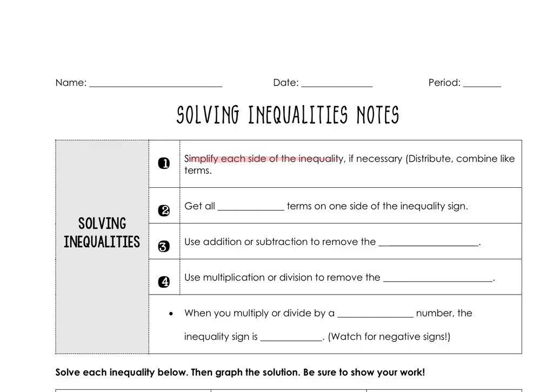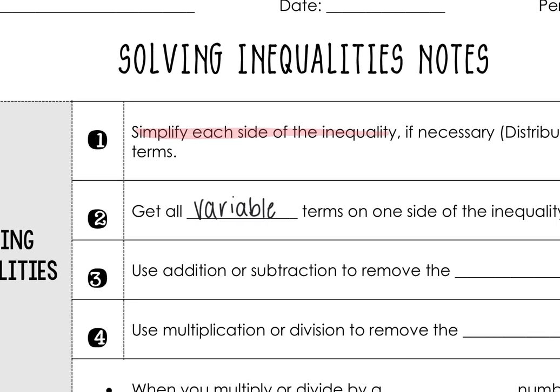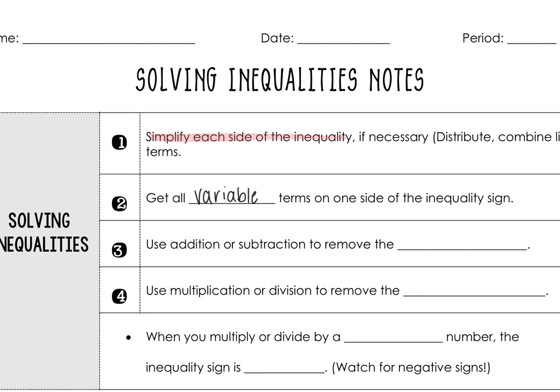Once you do that, you are going to gather all of your variable terms. So get all variable terms on one side of the inequality sign. Now, when we did equations, I said I always like to bring the smaller one to the bigger one, so you can go left or right. It doesn't really matter.